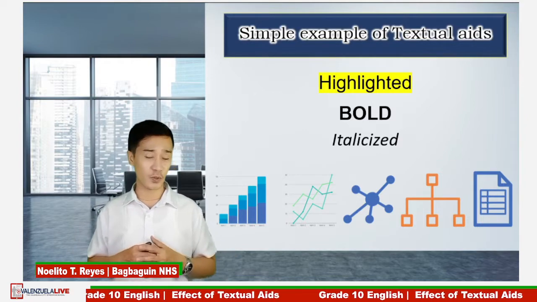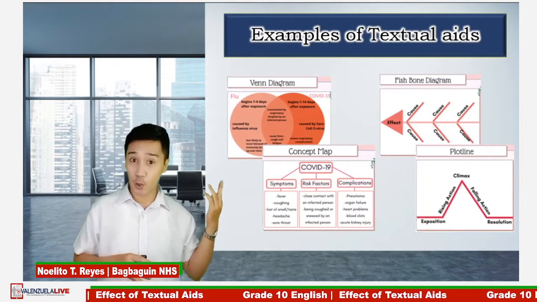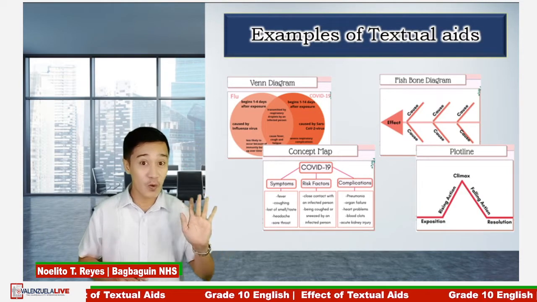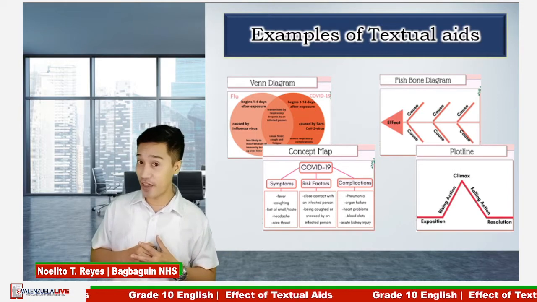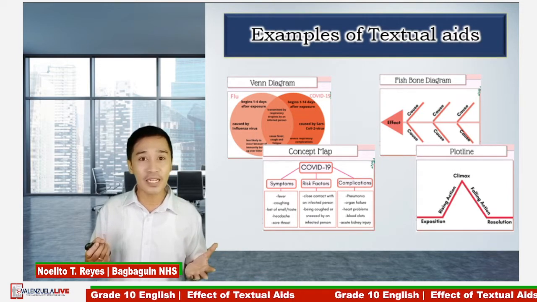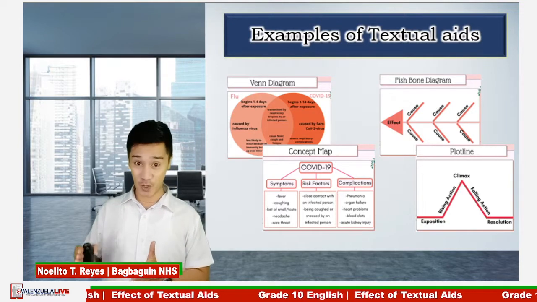Some of these textual aids are the following: concept map, graphic organizer, flow diagram, Venn diagram, cause and effect diagram, or simply the advanced organizers that were previously imparted to you.